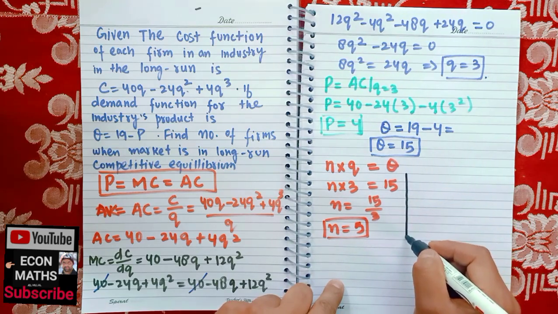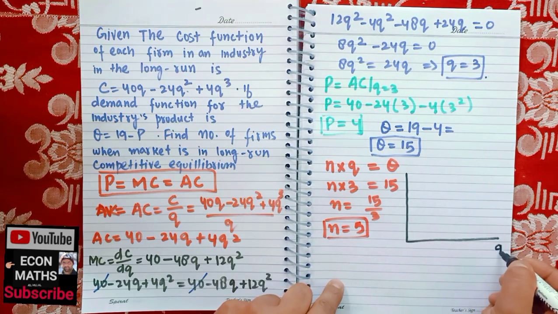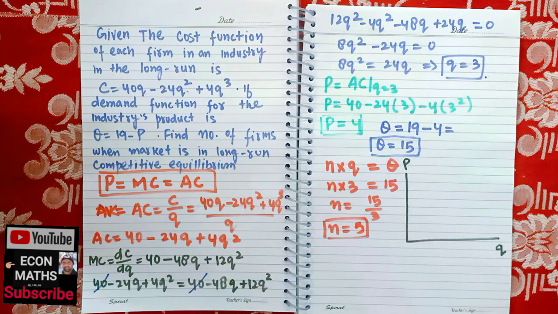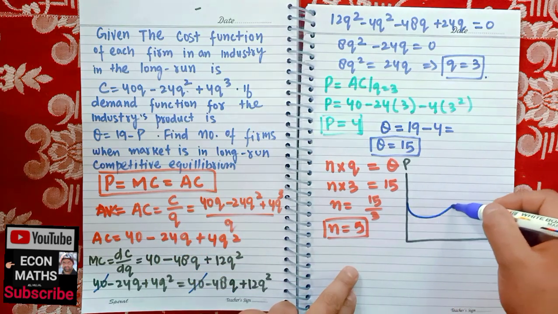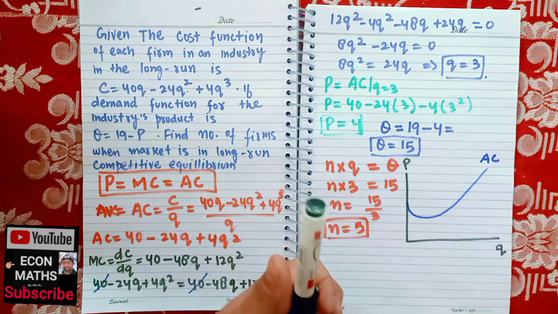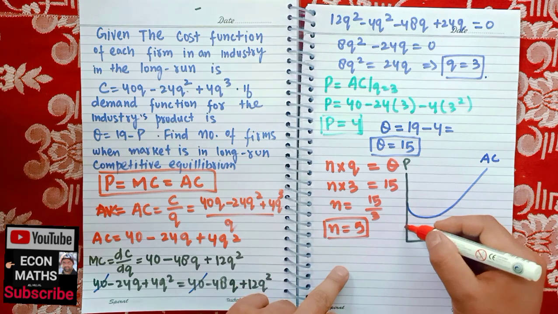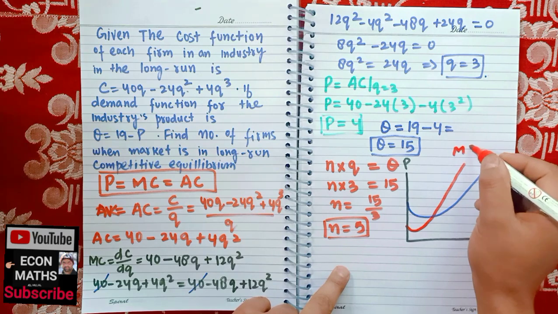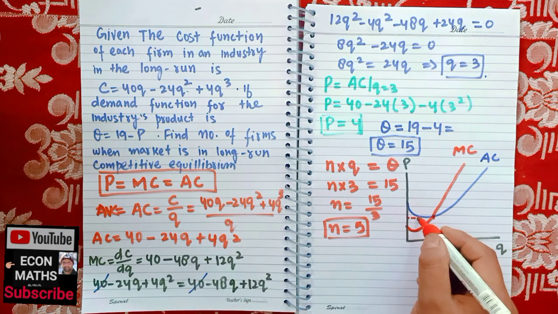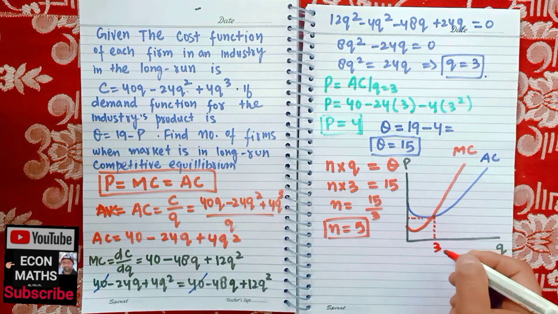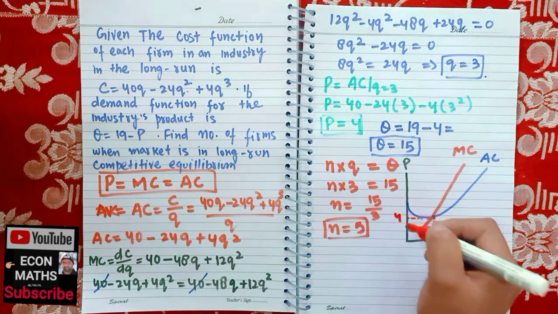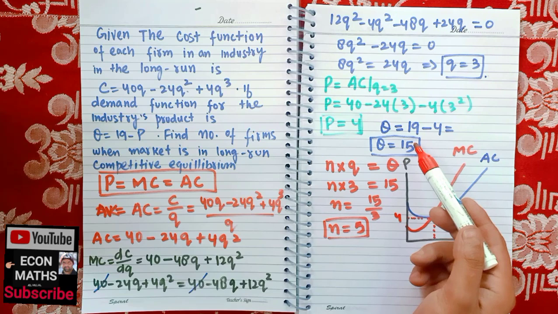Graphically, we have output on the horizontal axis and price on the vertical axis. In the long run, price should be equal to marginal cost, which should be equal to average cost. Let us say this is our average cost function and this is our marginal cost function. Equilibrium occurs where marginal cost intersects the average cost function at its minimum. That means each firm is producing 3 units at a market price of 4, and the total quantity produced in the market is 15.